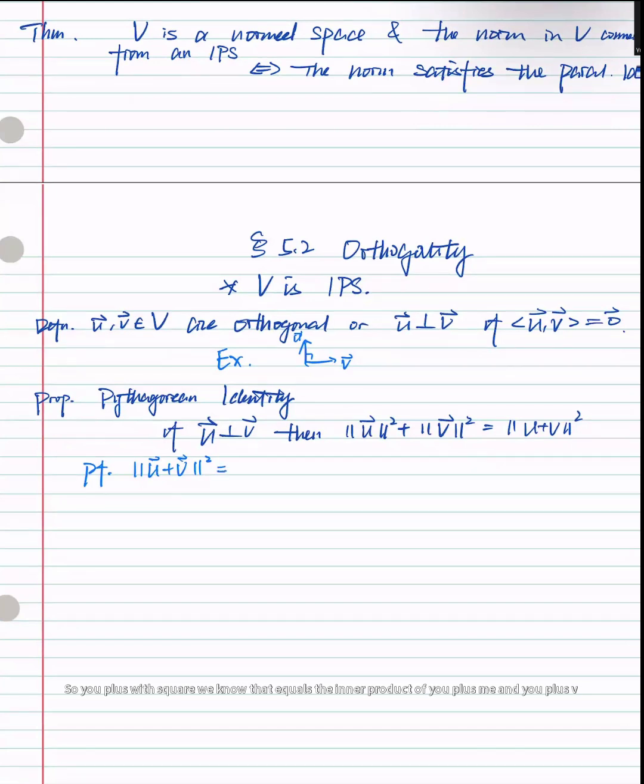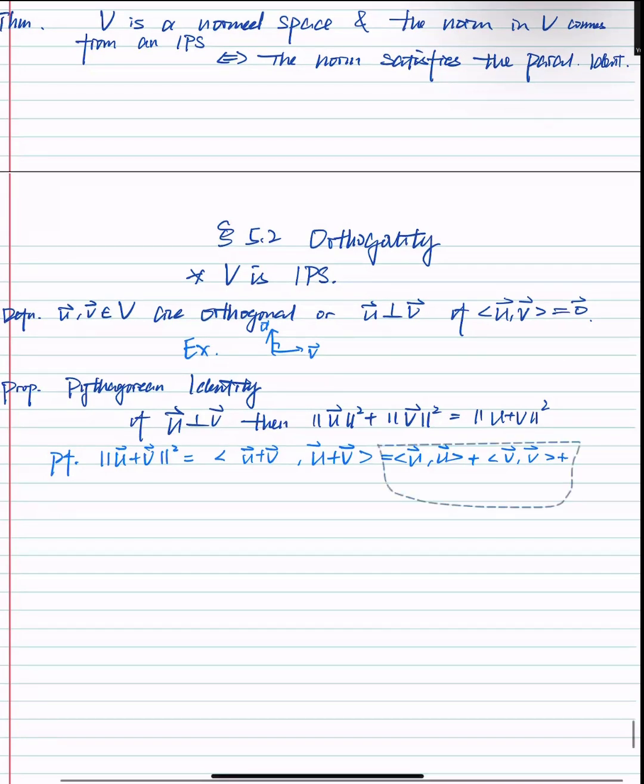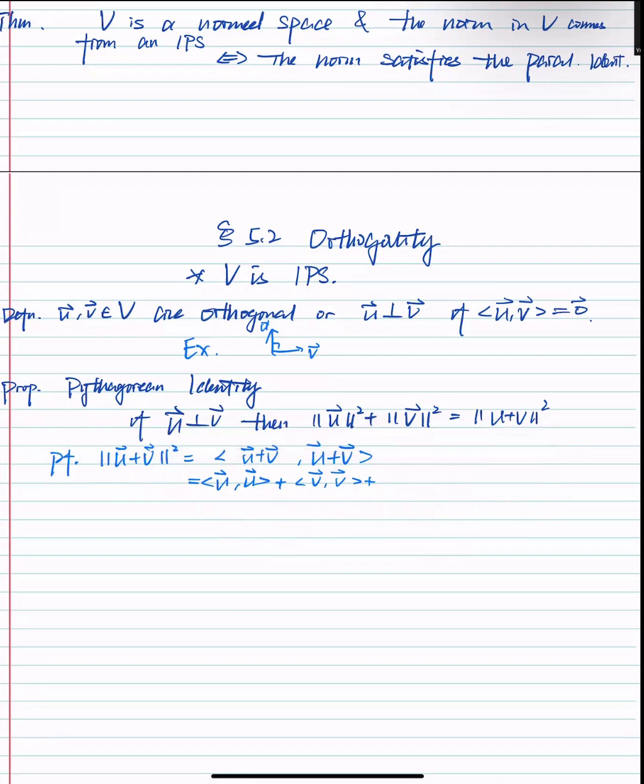So the norm of u plus v squared, we know that equals the inner product of u plus v and u plus v. And that by linearity equals the inner product of u with u plus v with v plus the inner products of u with v and v with u.